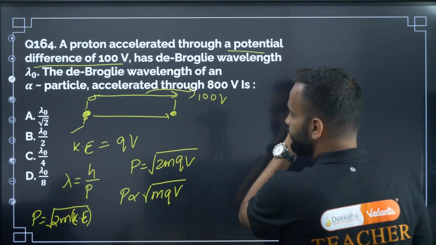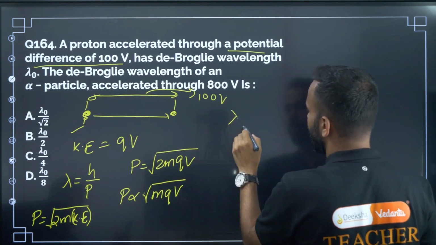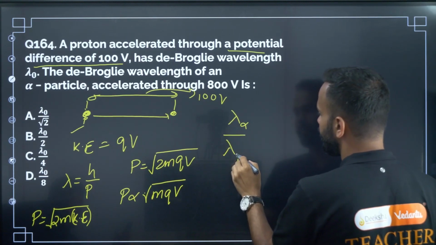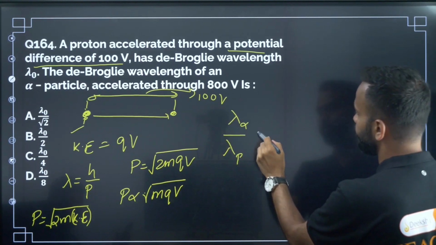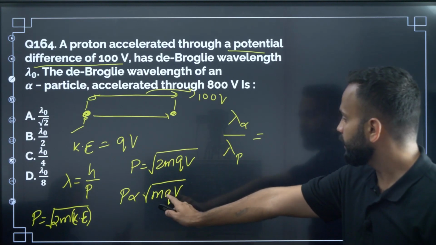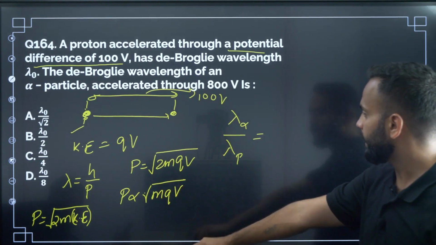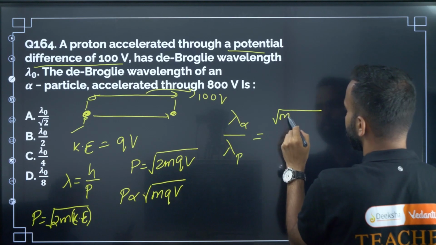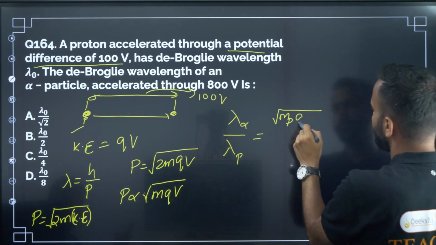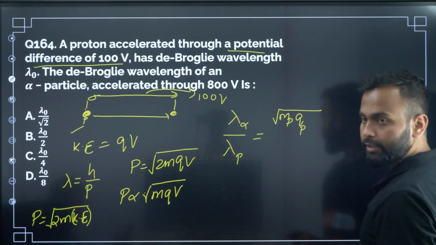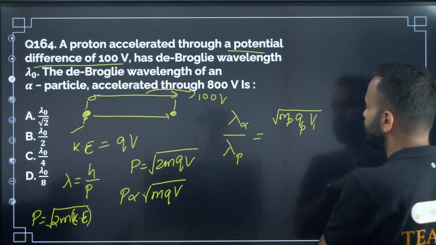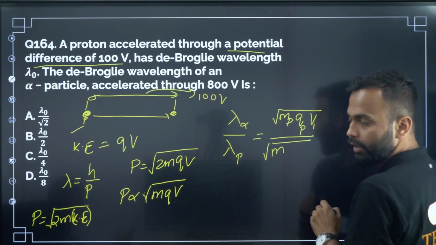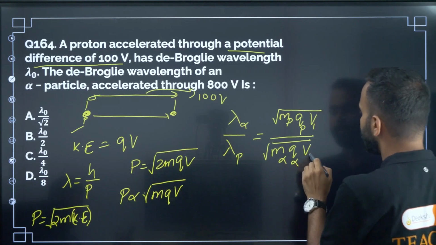Here the de Broglie wavelength of the alpha particle divided by the de Broglie wavelength of the proton is equal to, since momentum is directly proportional to root of m into q into v, root of mp, the mass of the proton, into qp, the charge of the proton, into potential difference, let's say v1, whole divided by root of m alpha q alpha into v2.